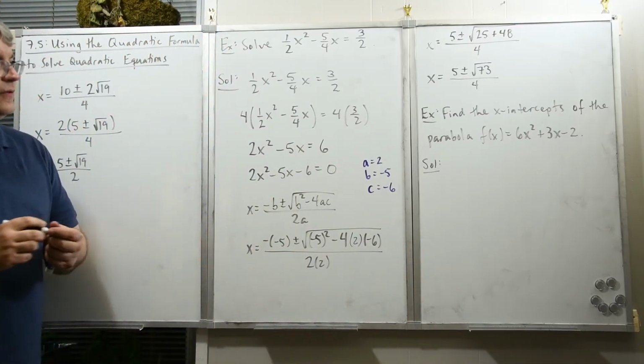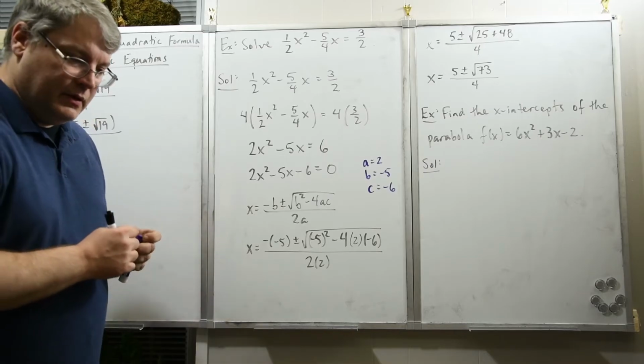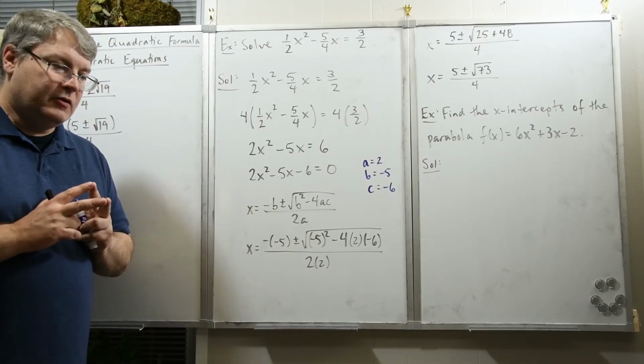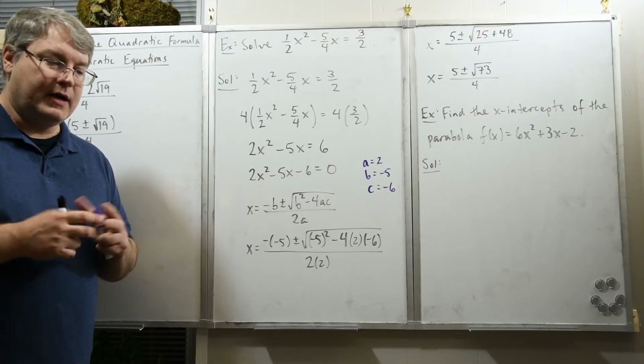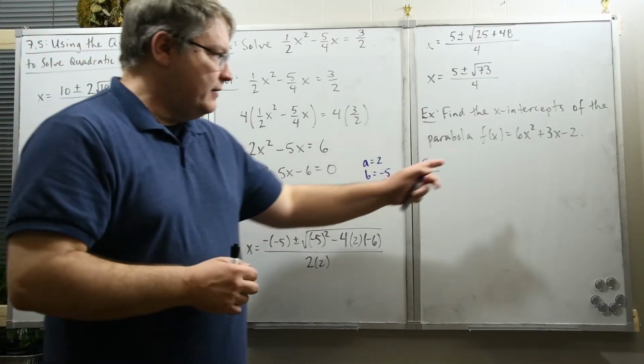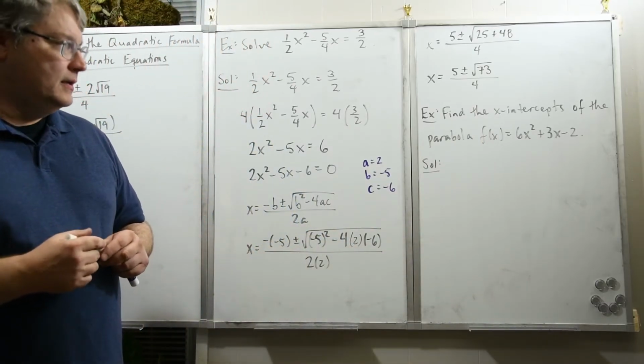So when we go to solve this, we're being asked to figure out the x-intercepts of this parabola. But remember, to find the x-intercepts, you want to set y equal to 0 and solve for x. Well, y is our f of x here, so we'll set f of x equal to 0 and solve for x.